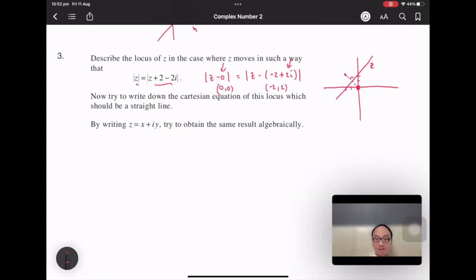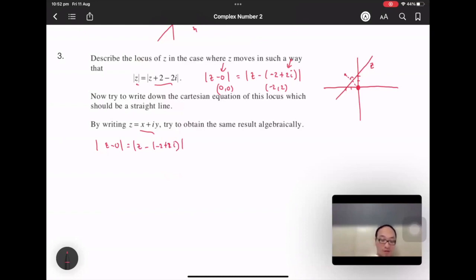By writing Z equals x plus iy, we can find the same result algebraically. We know that the modulus of Z minus 0 equals the modulus of Z minus (-2 plus 2i).